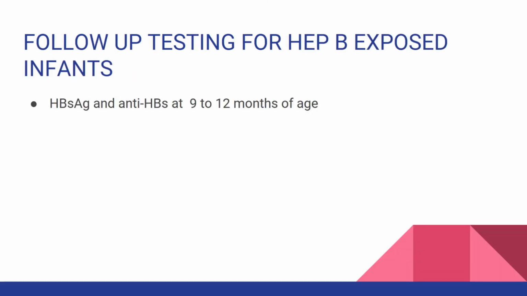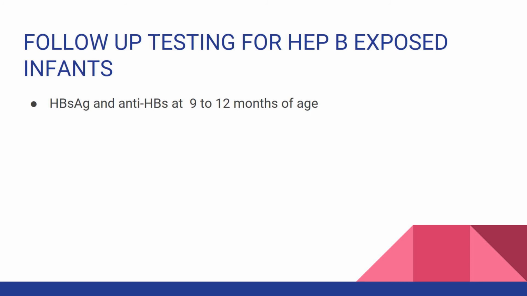Now, newborns who have been delivered by moms who are hepatitis B positive should be tested for hepatitis B surface antigen or anti-hepatitis B surface antibody between 9 to 12 months of age.